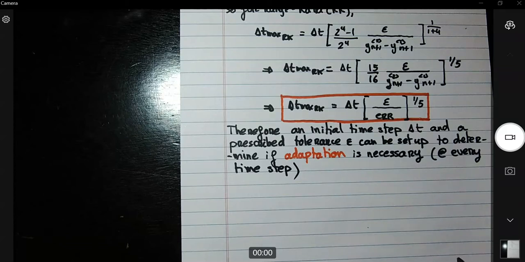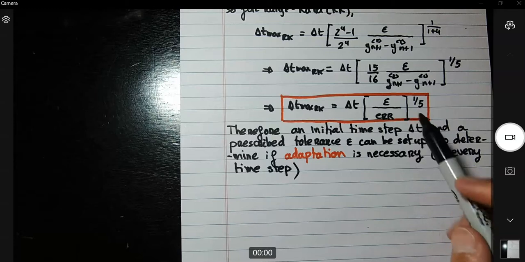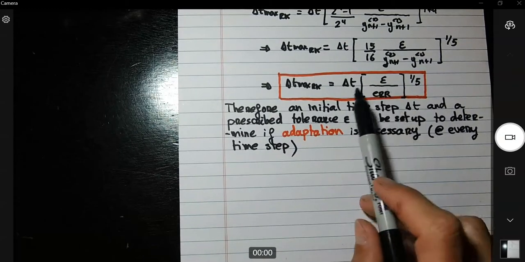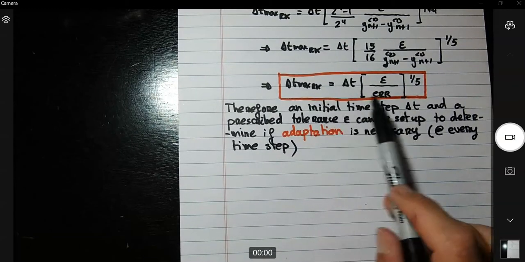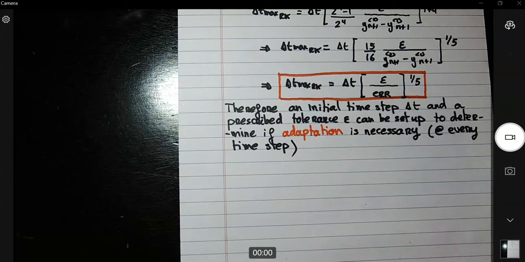Alright, so you determine the error, you have the delta t, you have the delta t max, you have the error. Okay, so now we can keep going with the programming.